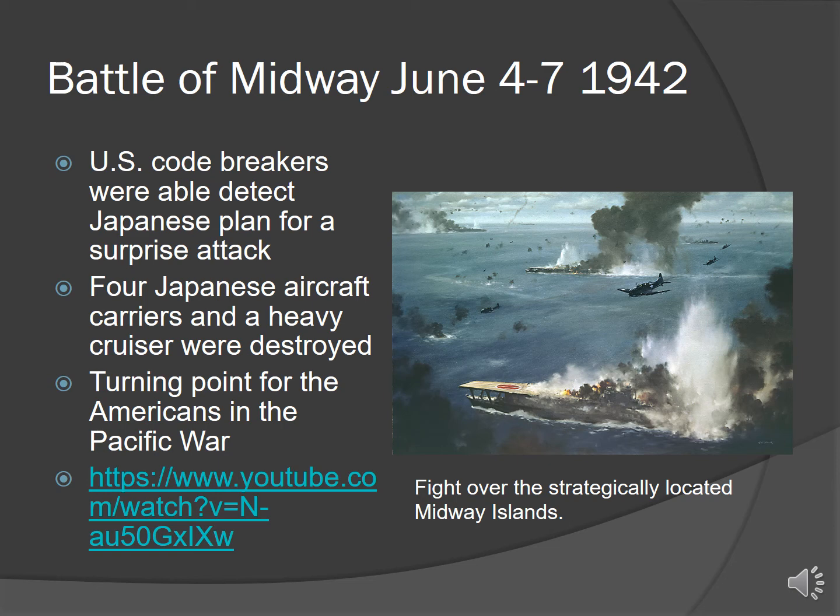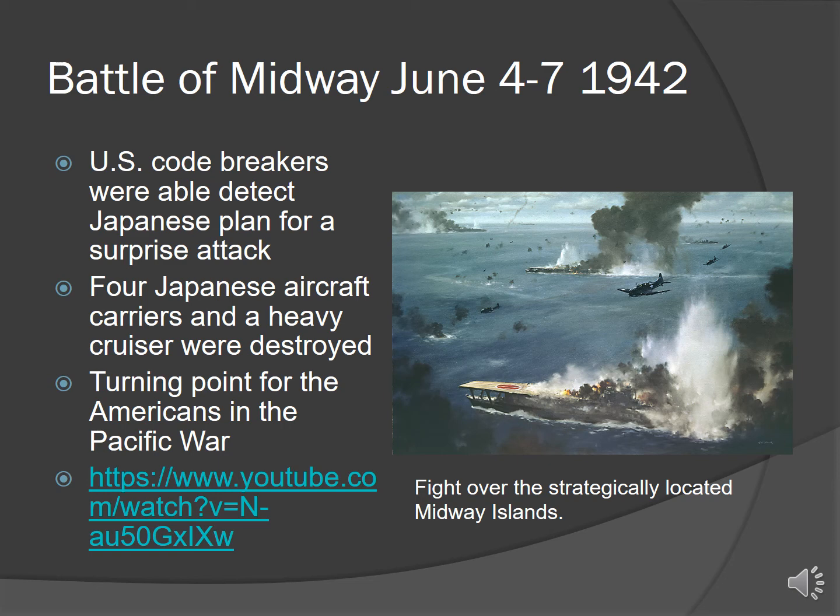And basically the story here is that the Japanese were planning an attack on the Midway Islands, and the United States had military outposts there in Midway. Midway Islands are a little bit further west than Hawaii, so a little bit farther out into the Pacific. And it was sort of the natural jumping off point in order to carry on the war in the Pacific.